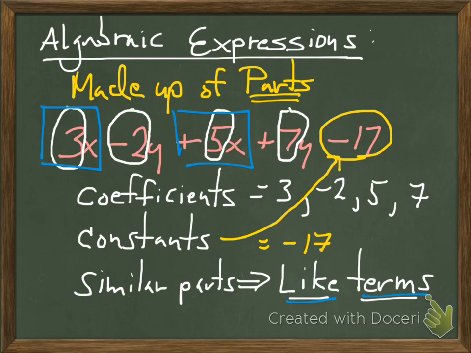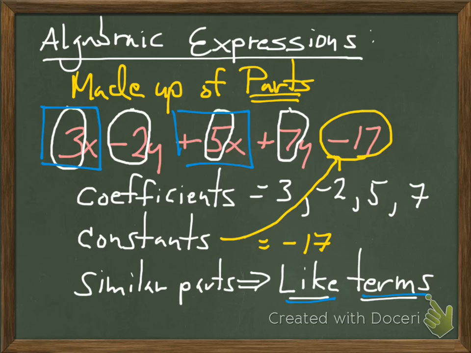And if you think about an x like an apple, if you have 3 apples and you add 5 apples, it's common sense that you now have 8 apples. Well, it's the same thing with x. If somebody has 3 x's and then you add 5 x's, you have a total of 8 x's. Those are like terms. Now, there's another pair of like terms, and those are going to be the other variable, the y's.